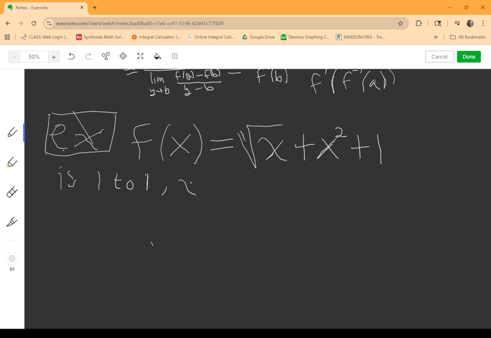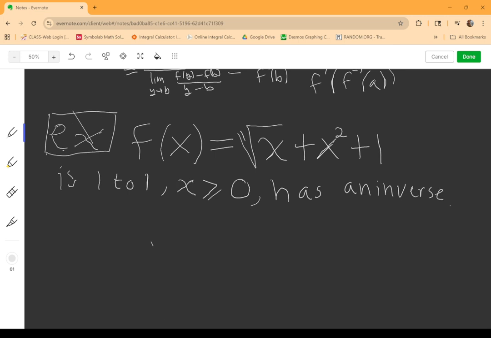So we restricted the domain, which is allowed. If a function is not 1-to-1, then we can restrict the domain so that it is in fact a 1-to-1 function. And this will make it a 1-to-1 function. So that means that it has an inverse in that interval.